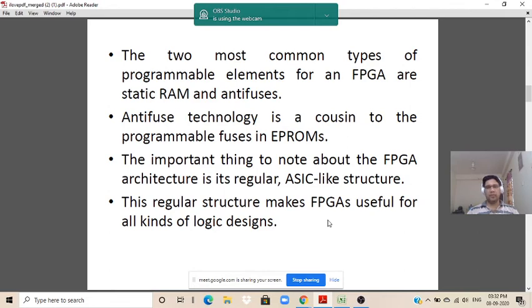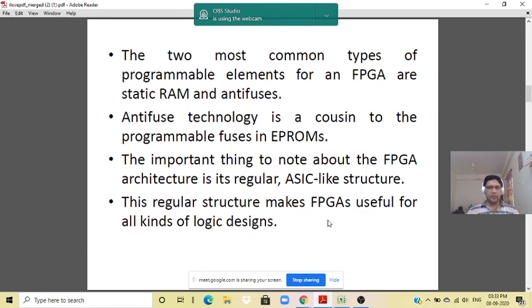We cannot program again and again using anti-fuses, because when we make a fuse, it becomes permanent. But with static RAM, we can reprogram any number of times. Anti-fuse technology is a cousin to the programmable fuses in EEPROM. It is similar to the fuses in the EEPROM, which are also one-time programmable.